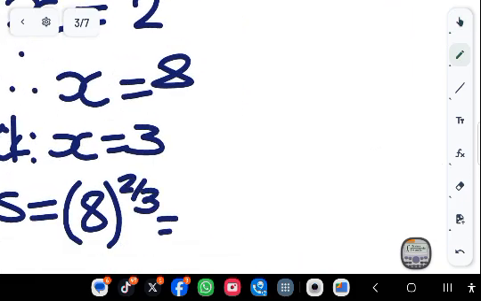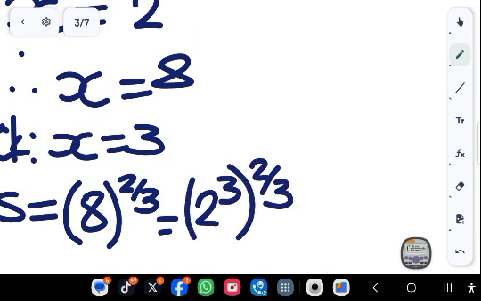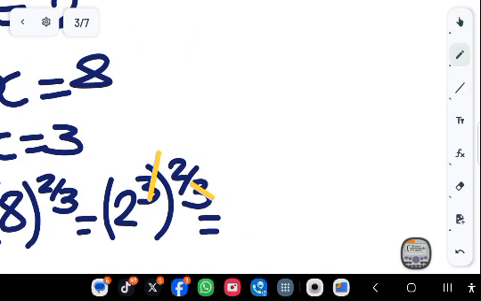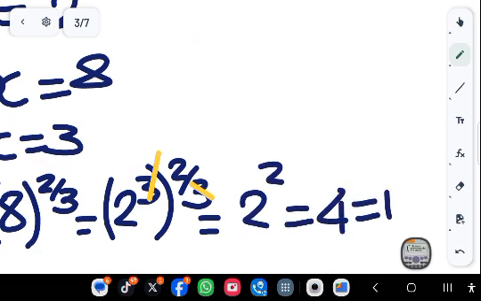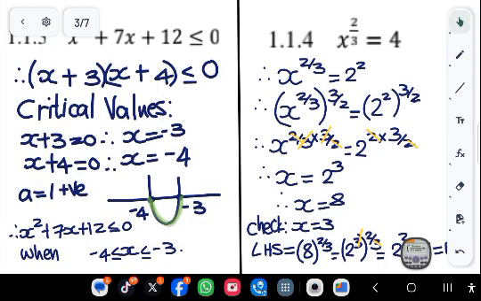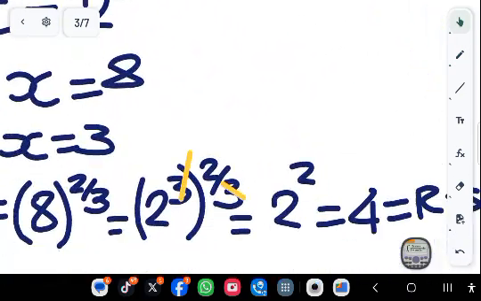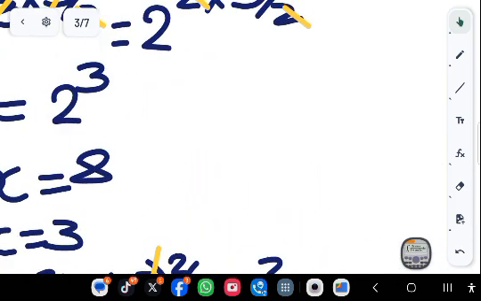And that equals, 8 is 2 cubed, raised to the power of 2 over 3. Now the 3's cancel out. That leaves you with 2 squared, which equals 4, which equals the right hand side. There is the right hand side. Therefore, x equals 8 is the solution.